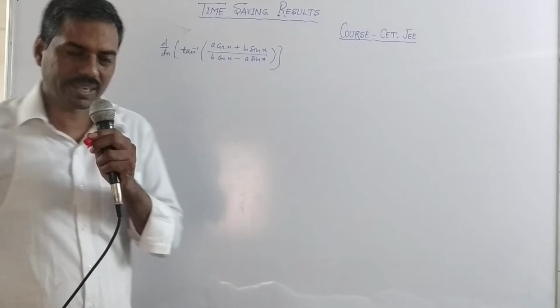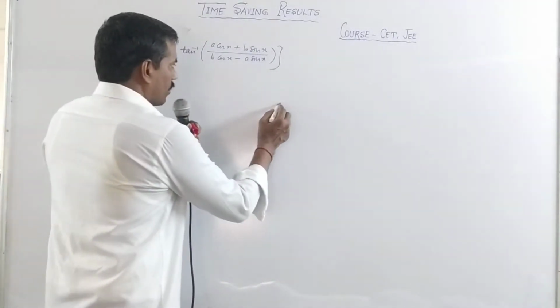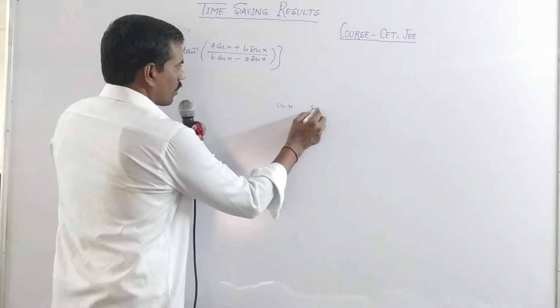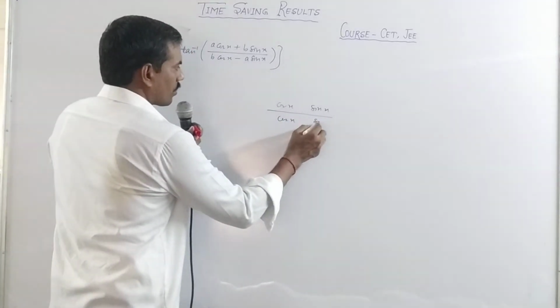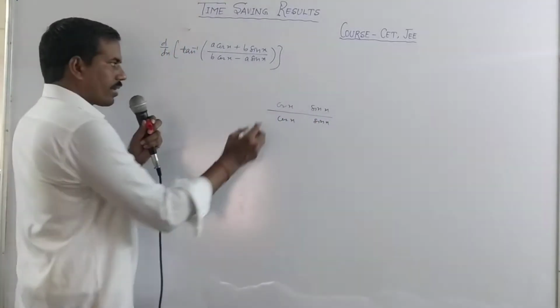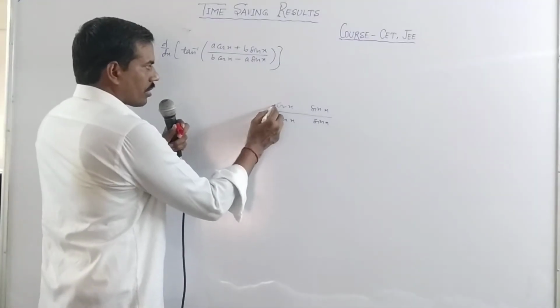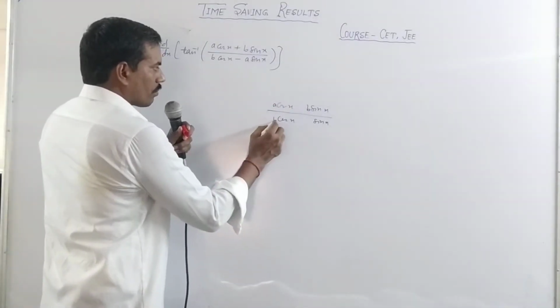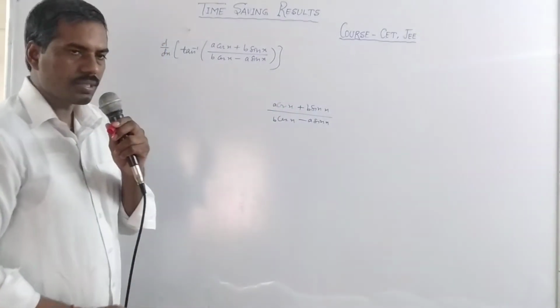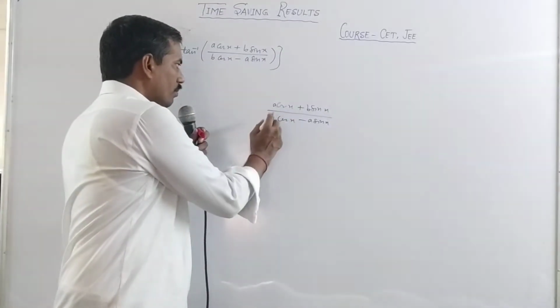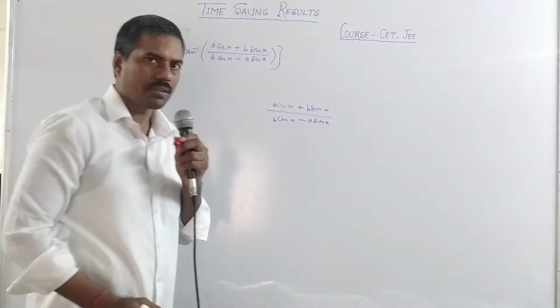We can learn it as cos x, sin x divided by cos x, sin x, with coefficients a, b, b, a and signs plus and minus.